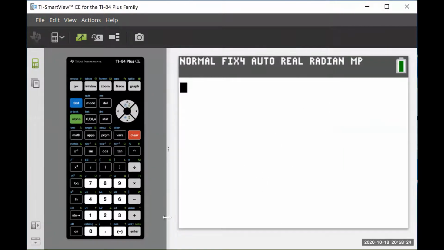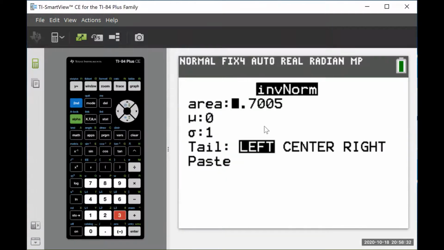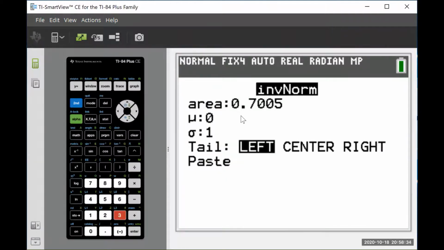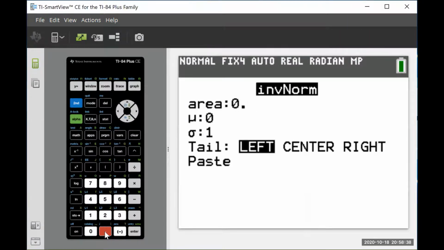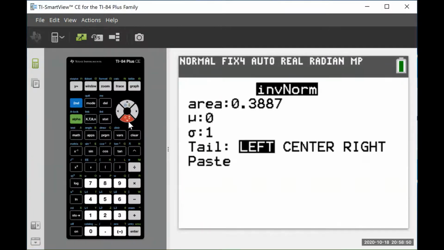In the TI-84 calculator, we go to second and then vars and number 3 to access the inverse normal distribution. We have the area on the left of the Z score as 0.3887. Mean is 0, standard deviation is 1. If you don't have this line, that's okay.